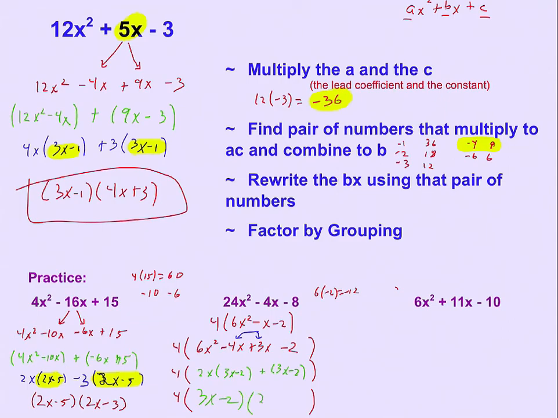And then what I'm left with is 2x. There's an invisible 1 in front of that. So 4 times 3x minus 2 times 2x plus 1 is my final answer. I'm going to change the parentheses color there because that was confusing me. And that is how you factor when there's a lead coefficient in front of the polynomial.